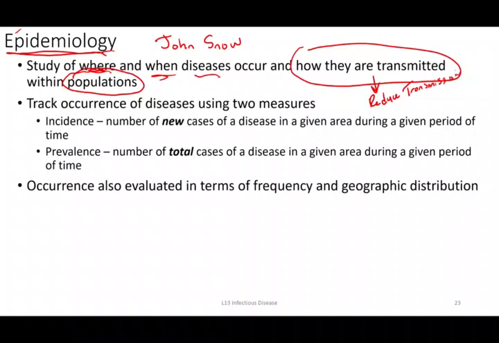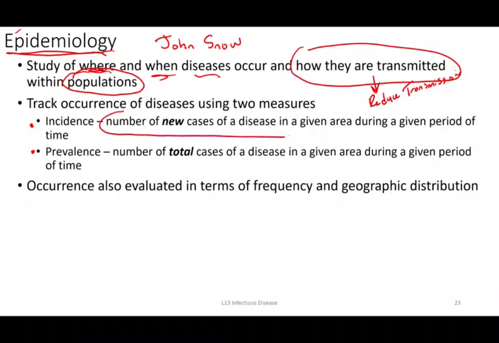So rather than waiting for a bunch of people to get sick and then treating those individual patients, they can study this on a population level and understand the disease and epidemics, and then try to implement public health practices that are going to help reduce transmission, so that we can reduce the number of people who get sick. And so they use different terms to help describe this. Incidence versus prevalence are two that are important.